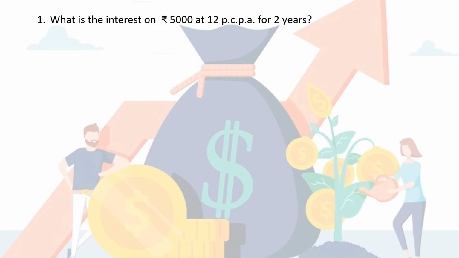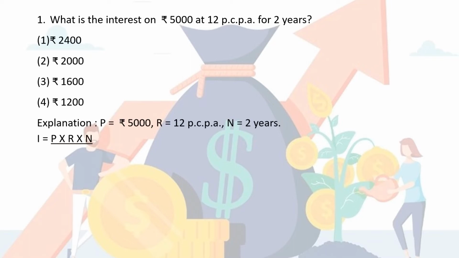If you know the formula, simple interest is equal to principal into rate of interest into the time period, which we also denote by N, upon 100.